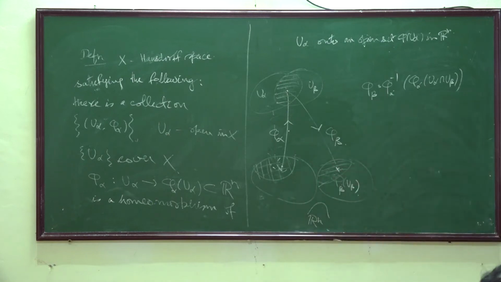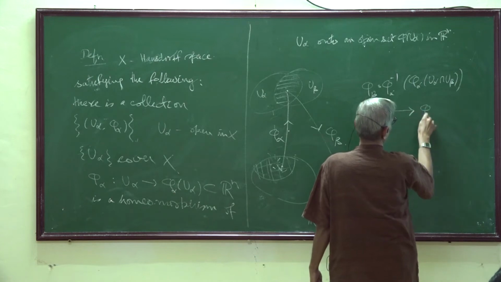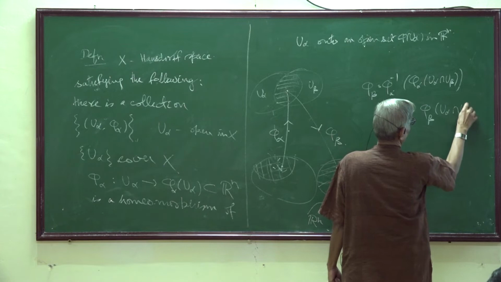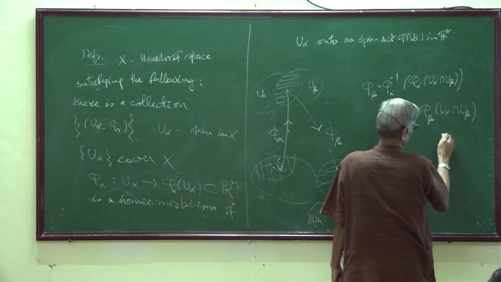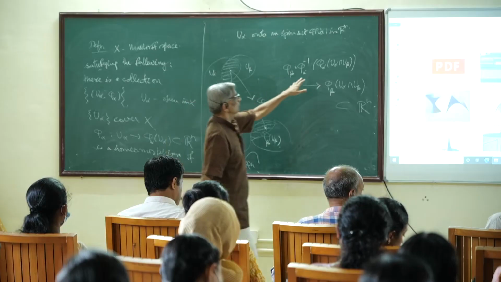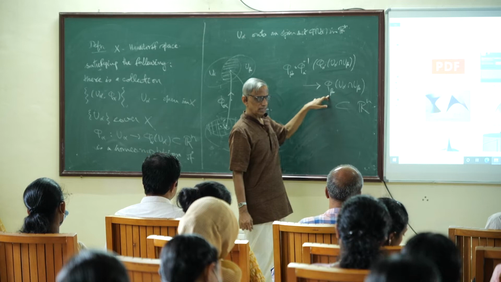Okay, and ends up in, so this everything is inside Rn. So this is an open set in Rn. This is another open set in Rn.